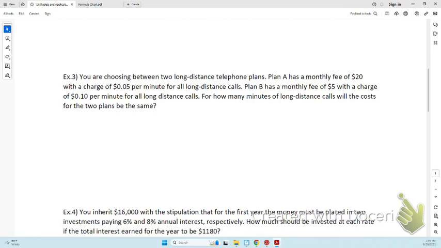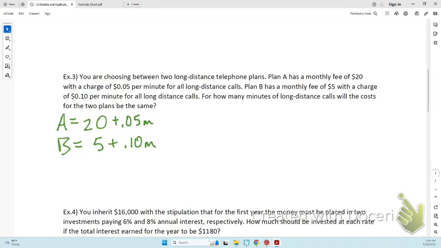So this thing says, once again, I'd hit pause and try and write the two equations. But this says Plan A costs $20. That's like a flat fee, plus 5 cents a minute. Plan B costs a flat fee of 5 plus 10 cents a minute.